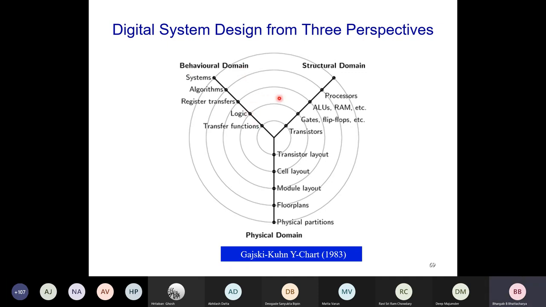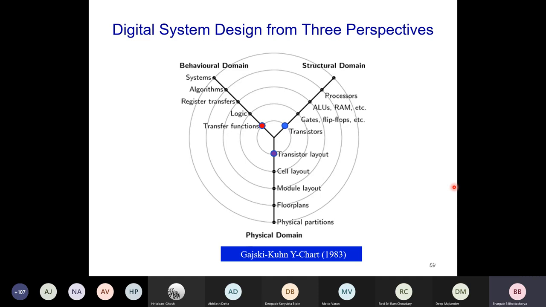That logic can be implemented using an interconnection of gates from a structural point of view, isn't so? And when you talk about the silicon chip, you don't see AND gates or OR gates. What you see is a collection of transistors, some cells, something like that. So these are the 3 equivalent views: the behavioral view, structural view, and the physical view. And the circle denotes this equivalence.